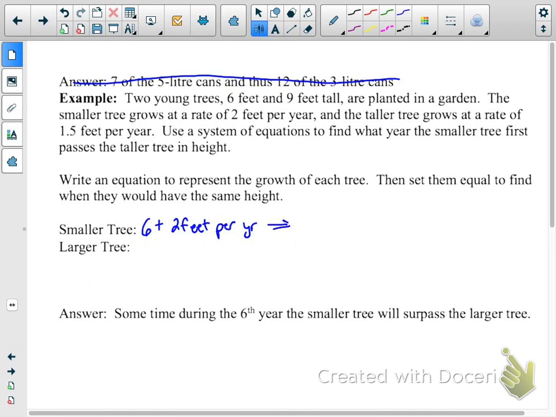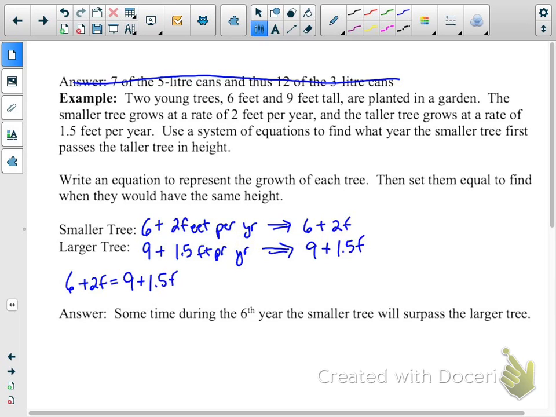Okay? 9 plus 1.5 feet per year. 9 plus 1.5f.